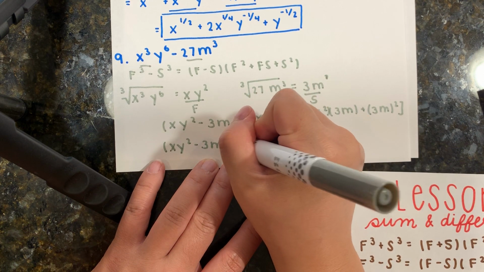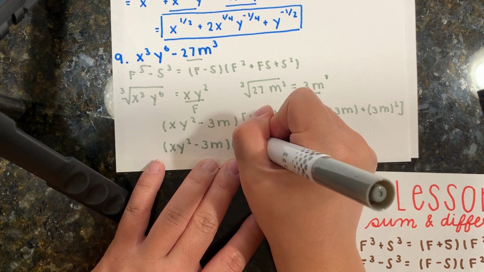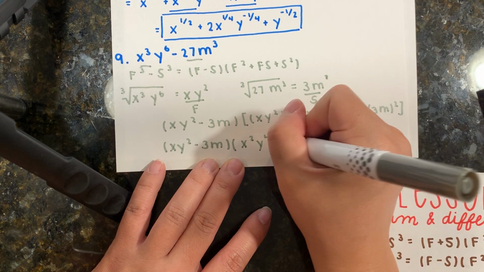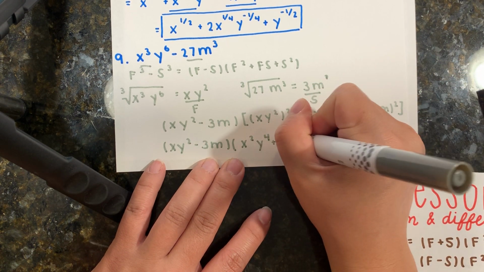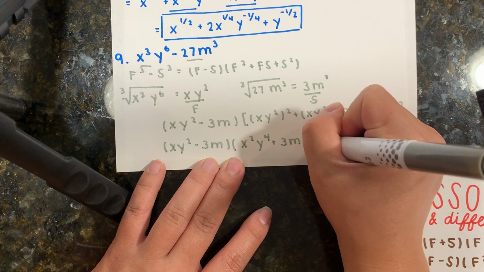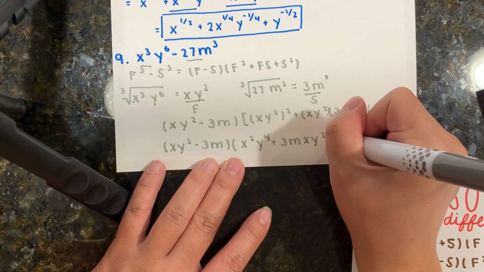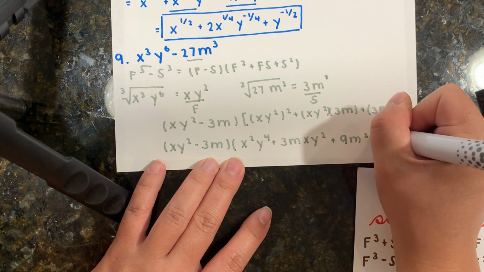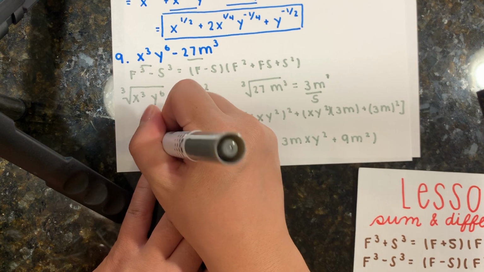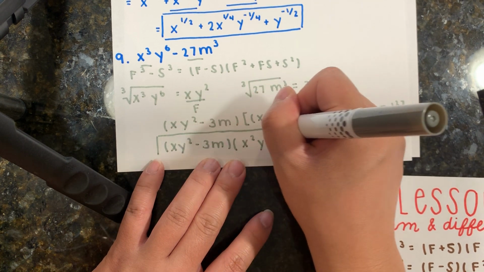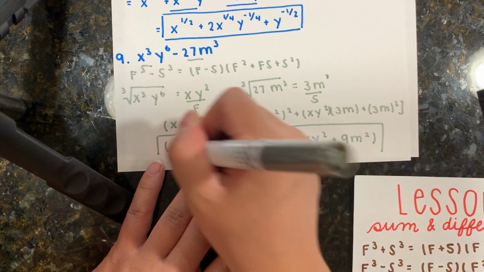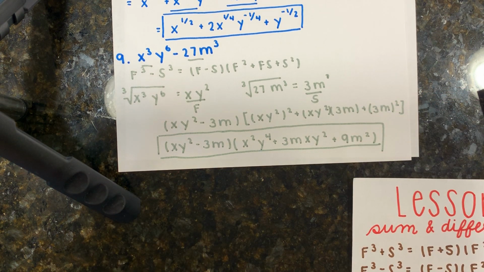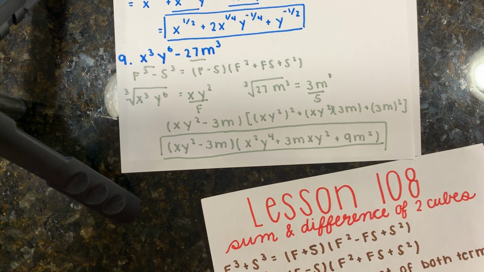I'm going to square the x, which is x squared. I'm squaring the y squared, which is y to the 4th. Then plus 3m xy squared. And then 3 squared is 9, and m squared is just m squared. So this whole thing right here is your answer. So if you forget how to do that problem, I would refer back to your notes in lesson 108.